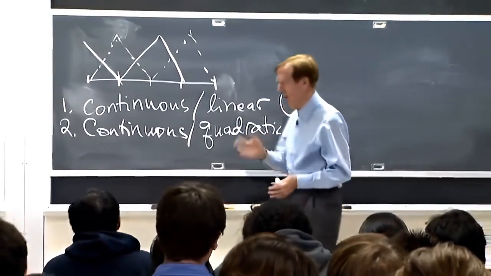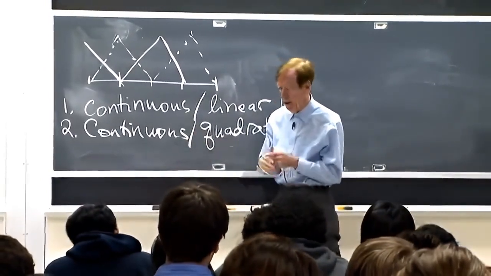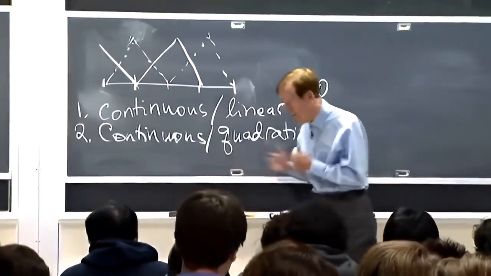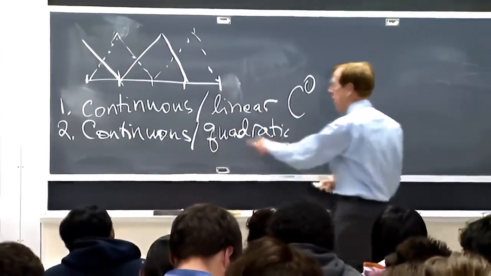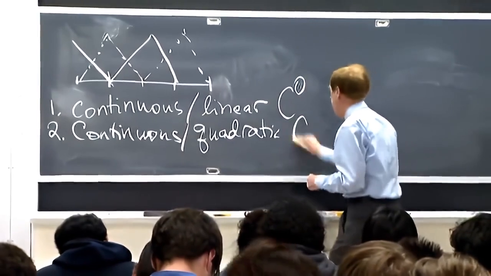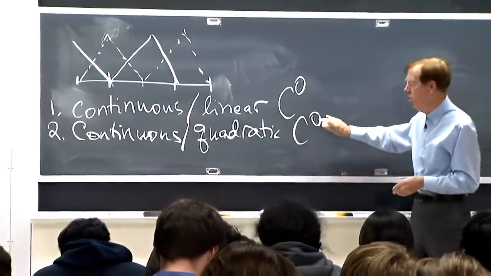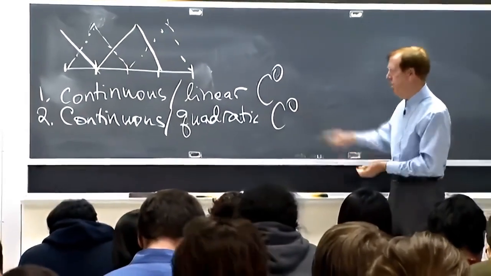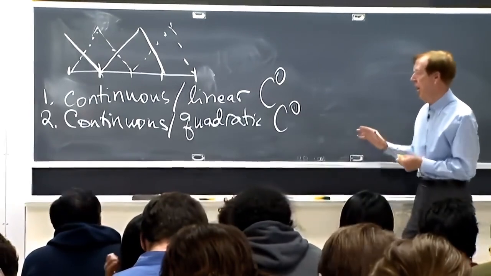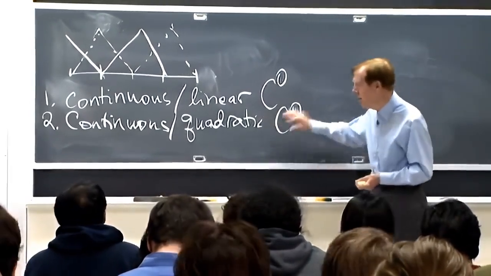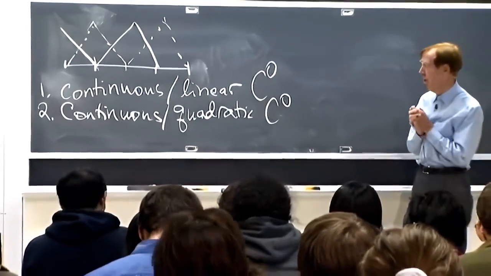Galerkin's happy with that. I still proceed as usual. My approximation is some combination of those. It's only going to be continuous, so it'll just be a C0 guy again. That means a jump in slope. The first derivative isn't there. Eventually, I want to get to a C1 where the slopes are continuous.